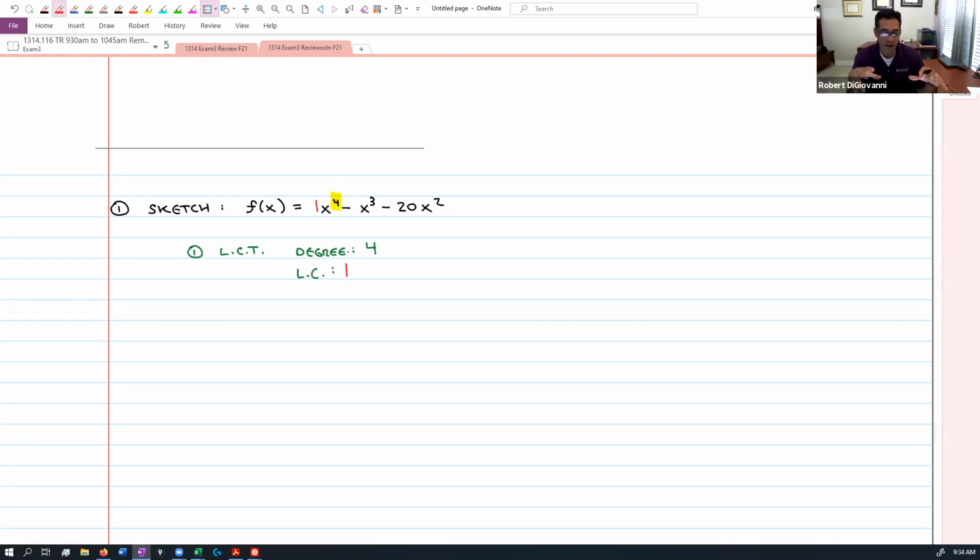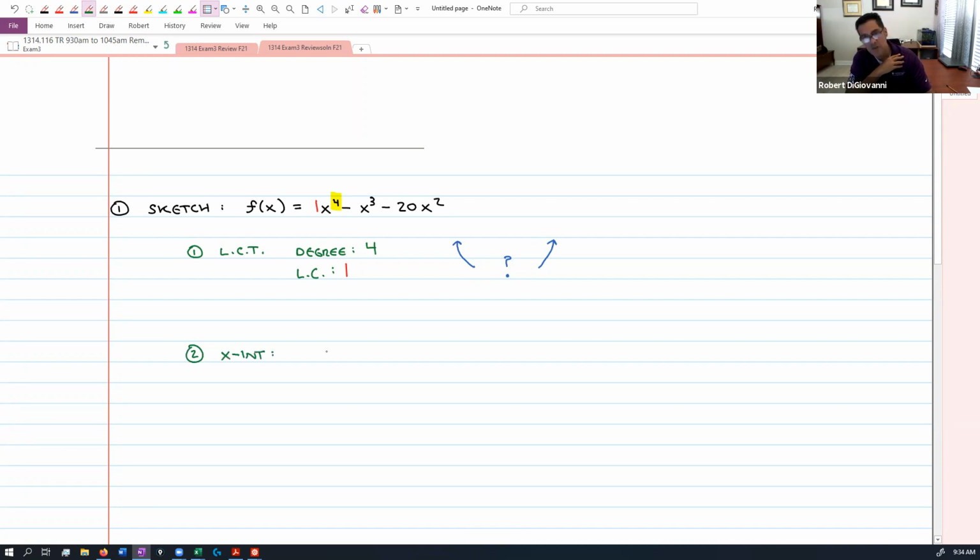I'm not going to bring that table back up. I'm going to trust that you can go to your notes and find that. But from the table, we should know here that the left side will go up and the right side will go up. And in the middle, we don't know.